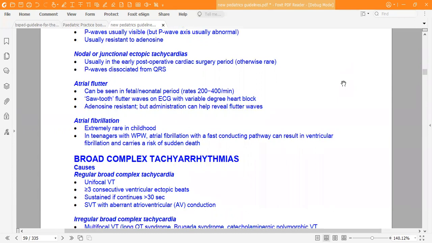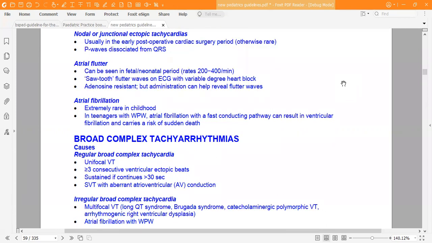Atrial flutter and atrial fibrillation. Atrial flutter can be seen in the fetal and neonatal period at a rate of 200 to 400 per minute. Sawtooth flutter waves on ECG with variable degree of heart block. Adenosine resistant, but administration can help reveal flutter waves. Okay, atrial fibrillation is extremely rare in childhood.